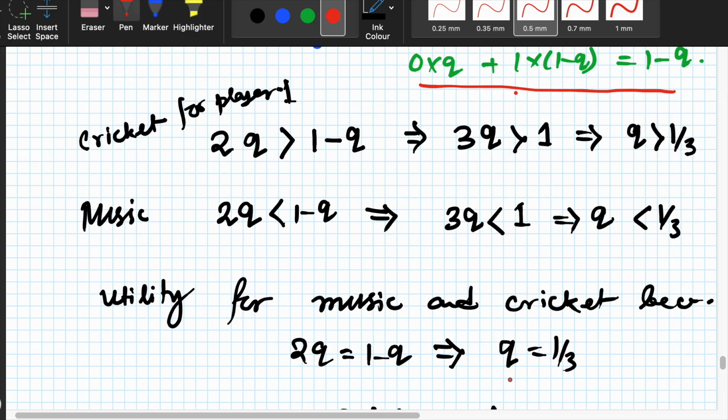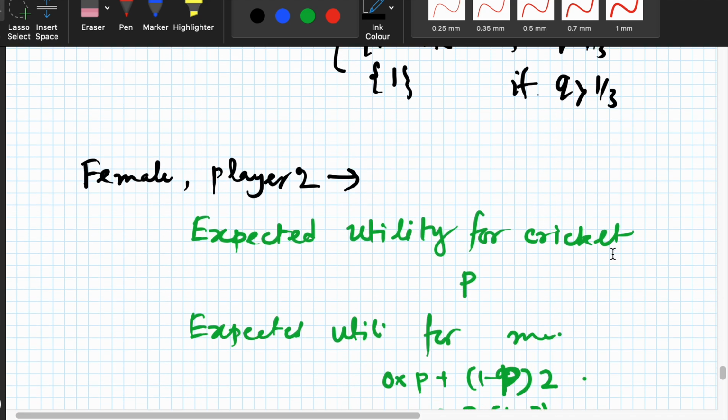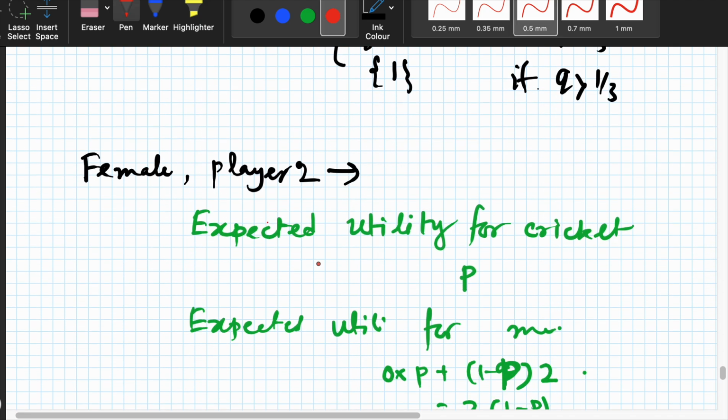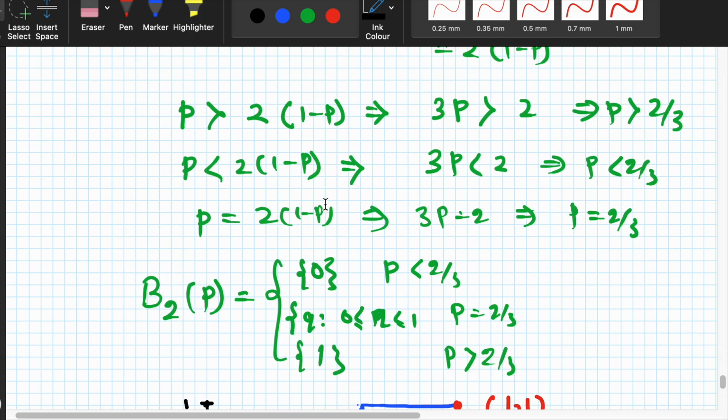So we find that it is equal at q equal to 1/3, and we know that q equal to 1/3 is a Nash equilibrium. And what is the value of p? For that you have to equate the expected utility of player 2 and calculate at which point of p these two values are equal.